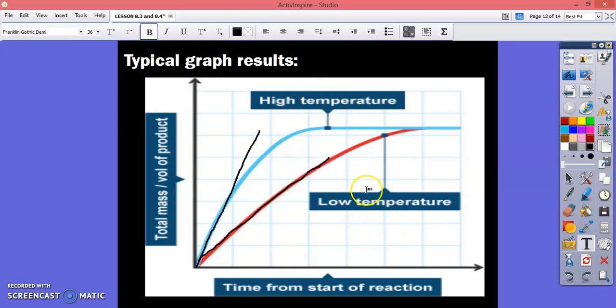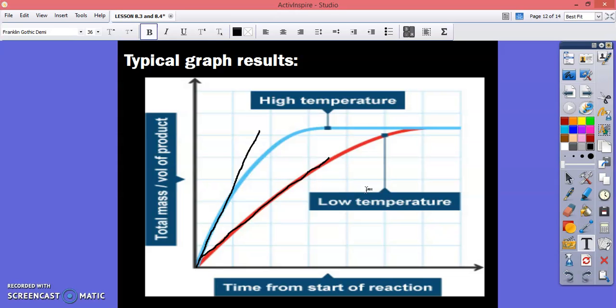It doesn't mean that, for example, if we are reacting hydrochloric acid under room temperature with magnesium metal, it will not react if the hydrochloric acid is not hot. It will still react, but if we want to increase the speed of the reaction, we can warm up the hydrochloric acid by using a warm bath or hot bath.